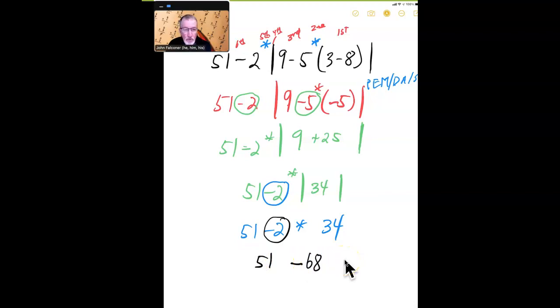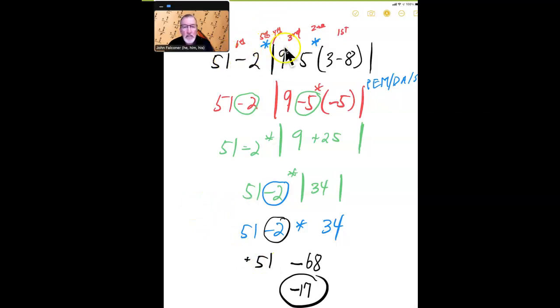When we do these, when the signs are different, so this is positive 51 and negative 68, the signs are different. So we're going to take the difference between them, which is 17. And then the number with the larger absolute value, 68, is negative. So that negative sign will survive to the answer. And our answer in the 6th step is -17.